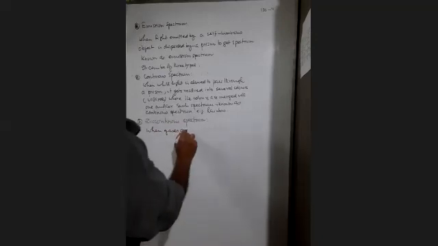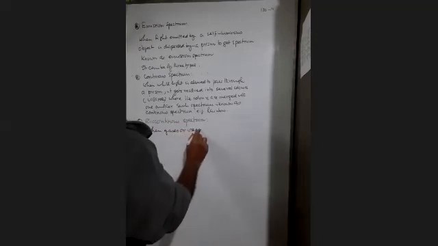When gases or vapors, gases and vapors are not the same. The substance which remains liquid at room temperature, if you convert it to gaseous state, you call it vapor, like water vapor, ethanol vapor. But carbon dioxide, nitrogen, oxygen are gases, because even at room temperature they are not in liquid form.